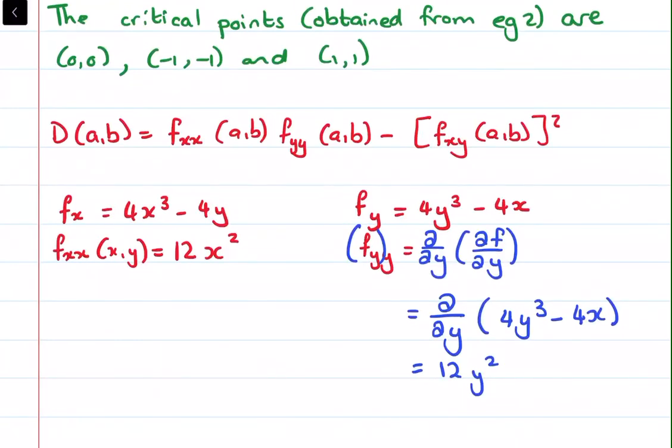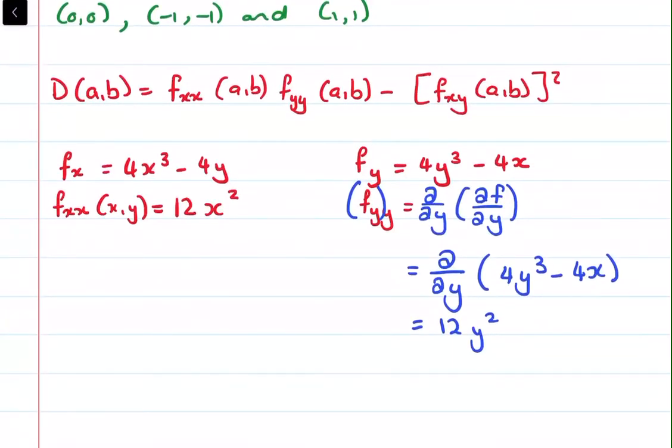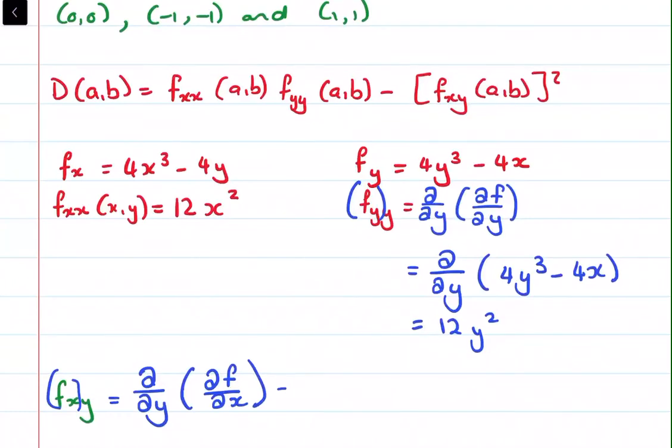Okay, and then what do we need? We also need another derivative, which is fxy. And how do we calculate this derivative? Remember, once again, you can put the brackets. It means that you are taking the partial derivative with respect to y of what has already been differentiated with respect to x.